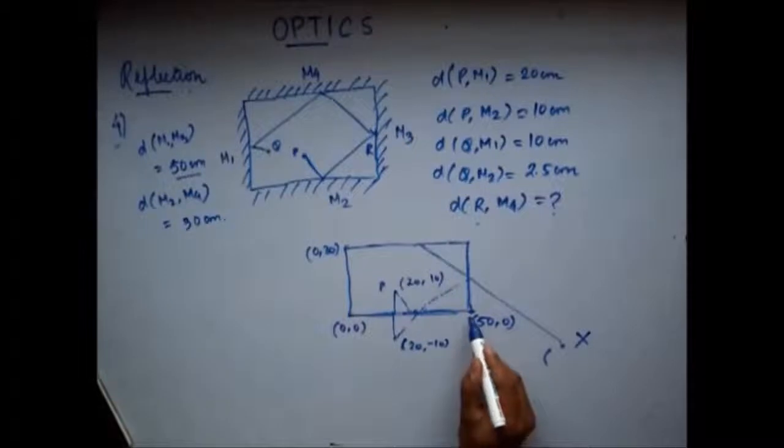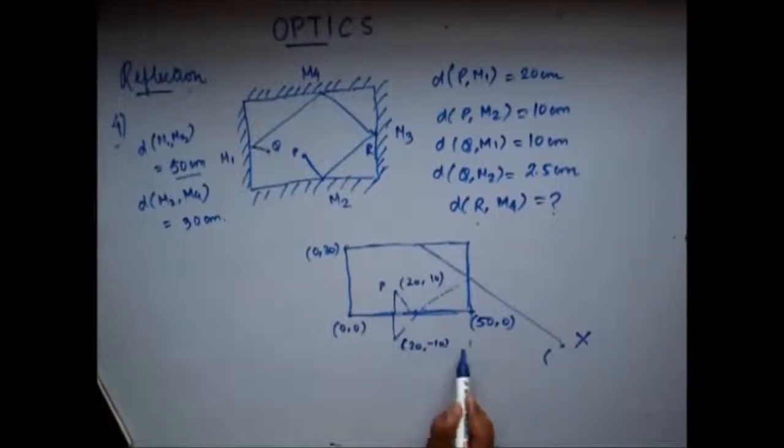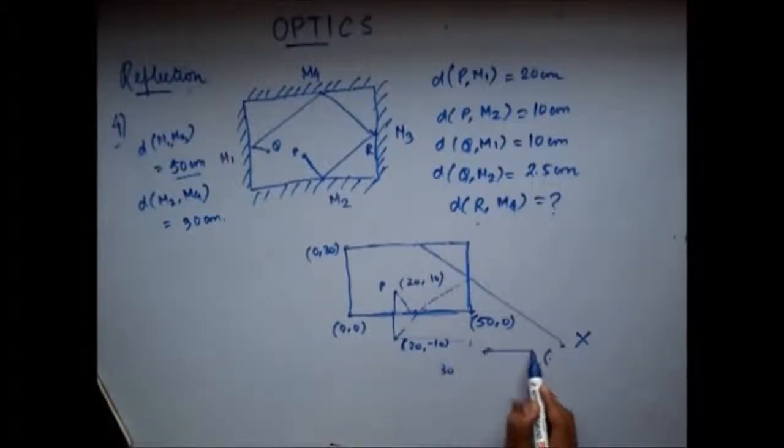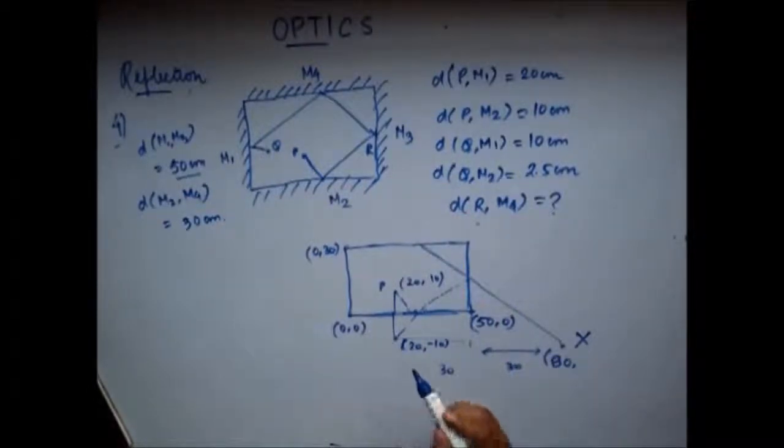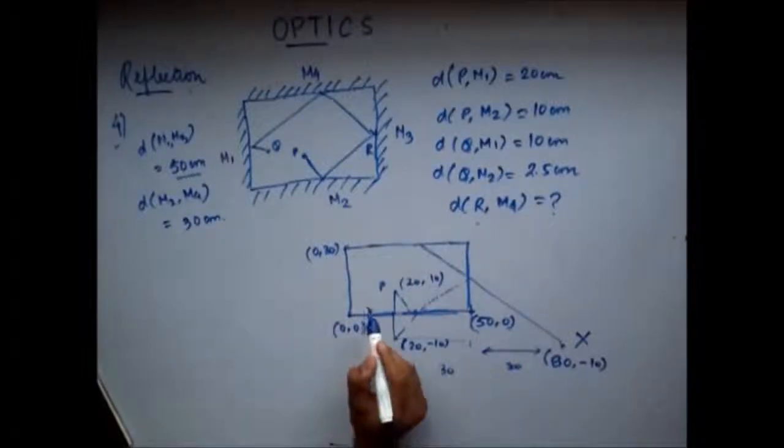From the mirror, this object has a perpendicular distance of 30, so this distance will also be 30. So this x coordinate will be 50 plus 30, that is 80. And since these two will be in a straight line parallel to this axis, the y coordinate remains the same. So this is 80, minus 10. Okay, so I am done till this point.